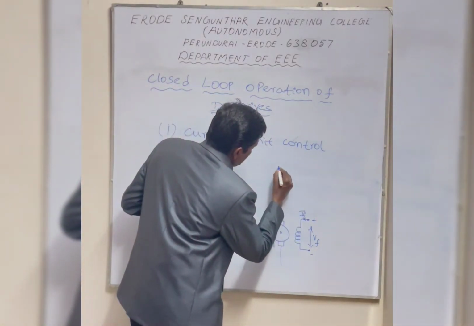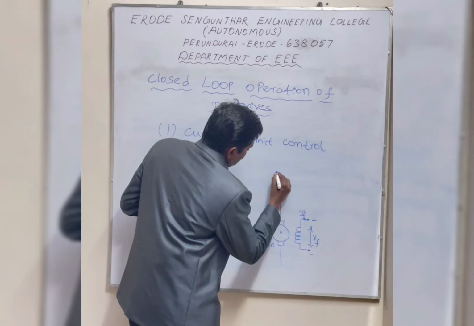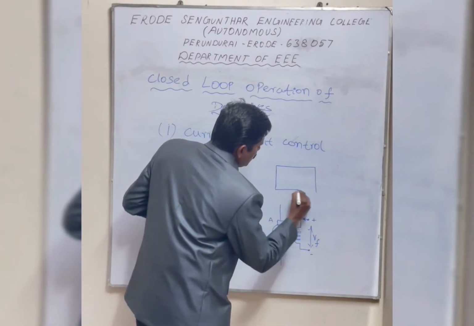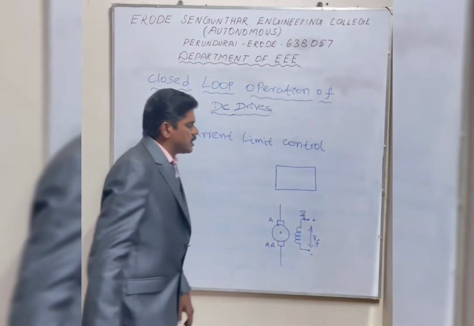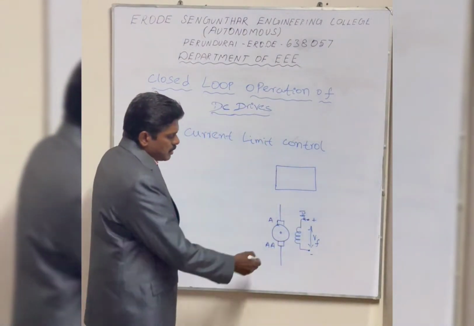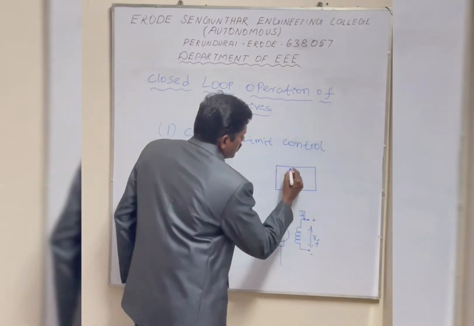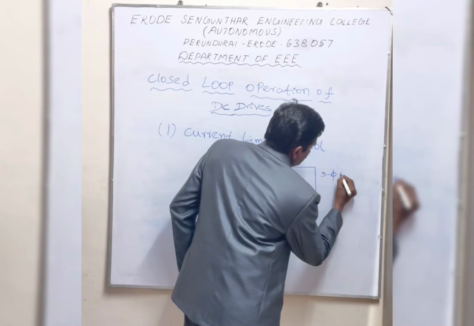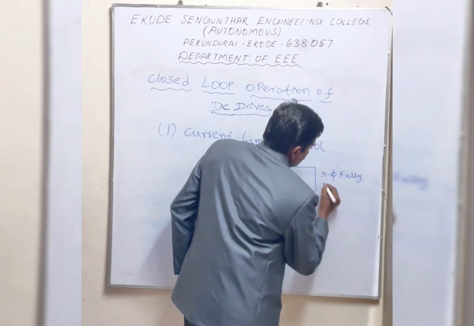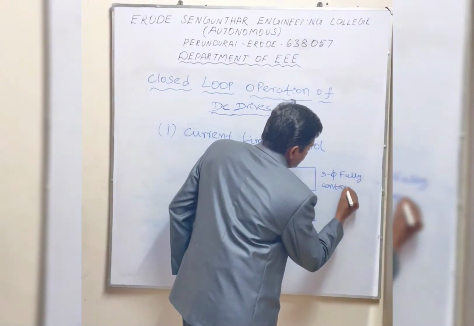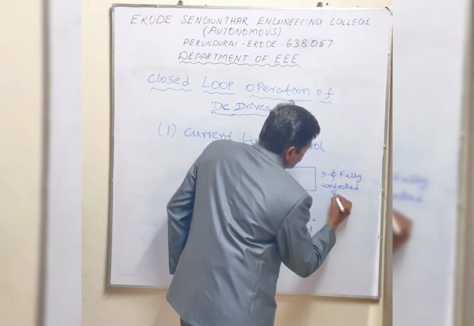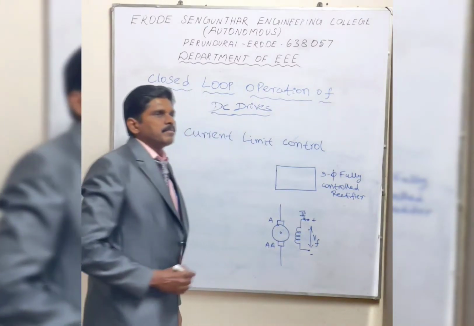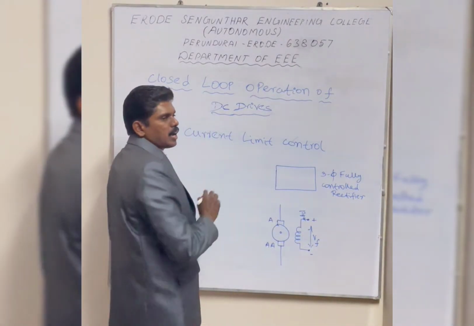The rectifier, as we know, is a converter which is used to convert AC into DC. For this operation I have taken a three-phase fully controlled rectifier, because I need control over the armature voltage.